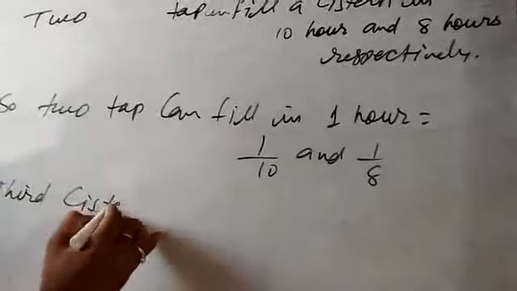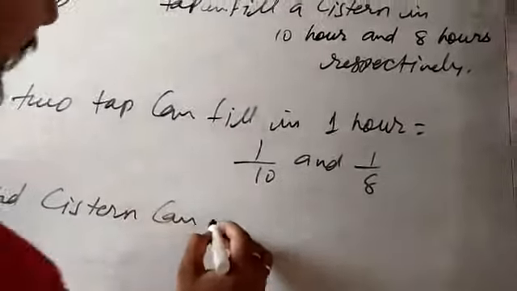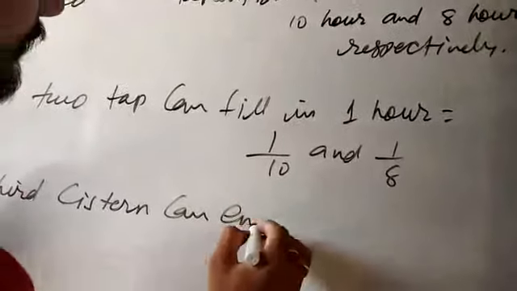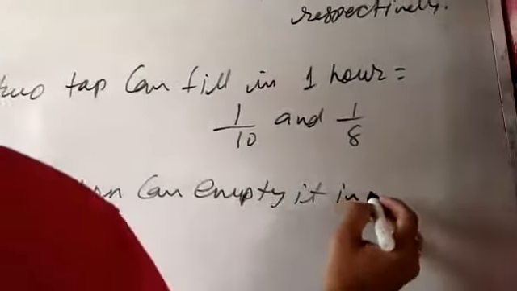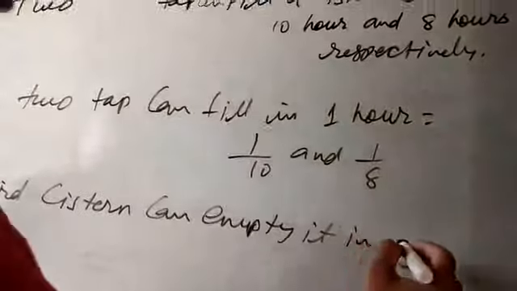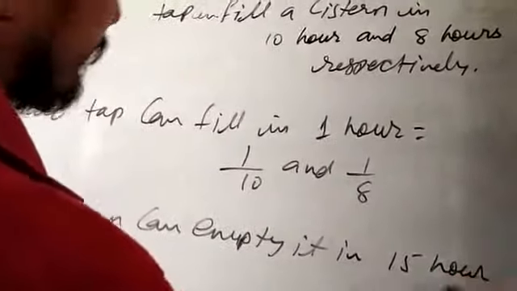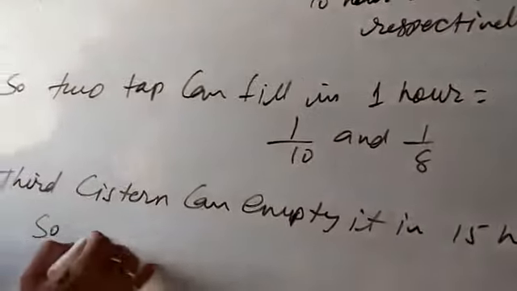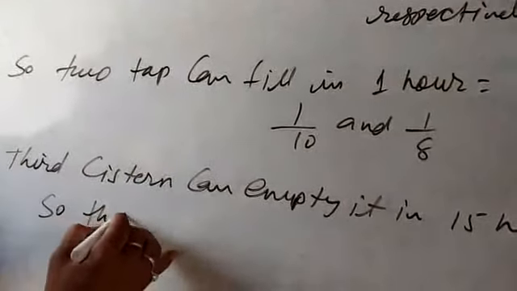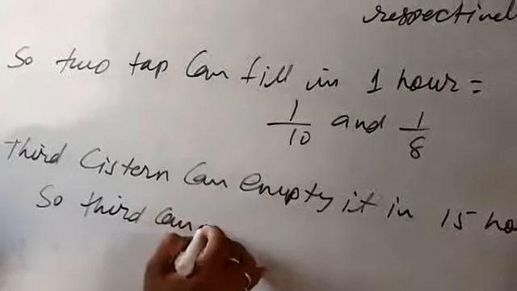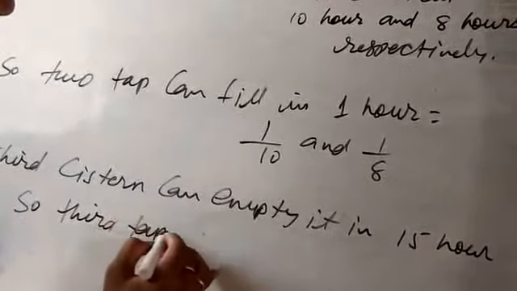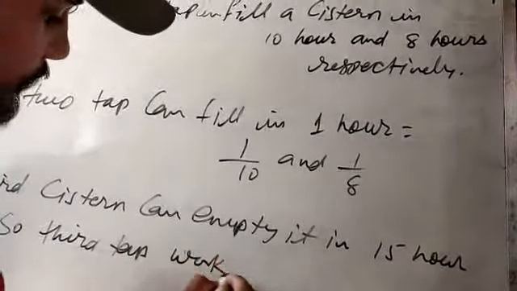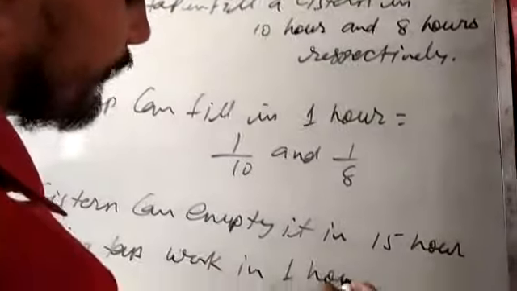The third tap can empty it in 15 hours. So the third tap's work in 1 hour is equal to 1/15.